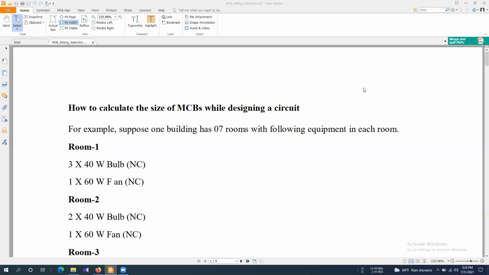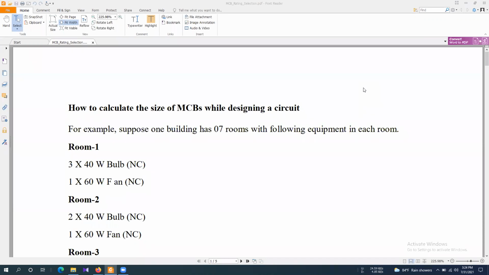This example has been brought to show you the factors that you should consider during the calculation of your MCB and MCCB rating.